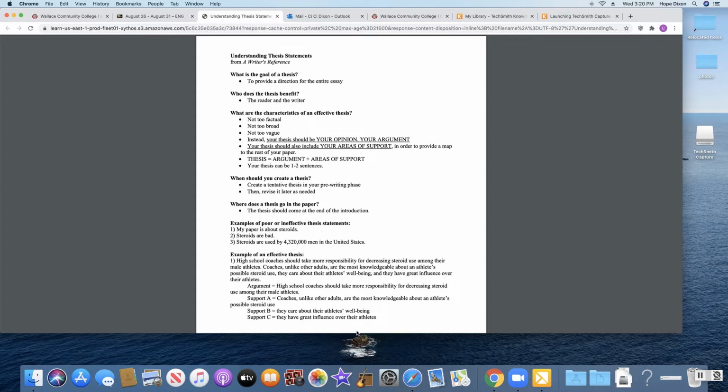So the thesis benefits the reader because by knowing the thesis, the reader knows what to expect. The thesis benefits the writer because it keeps the writer on track.